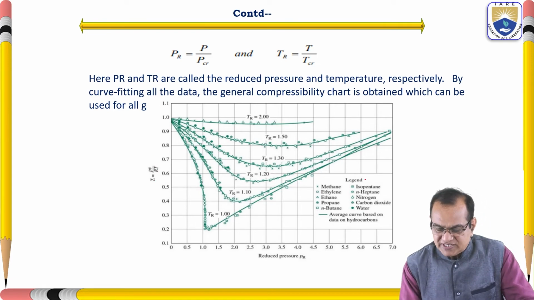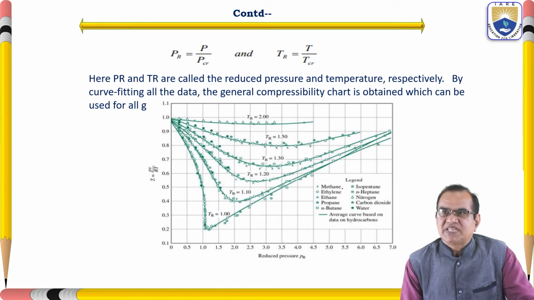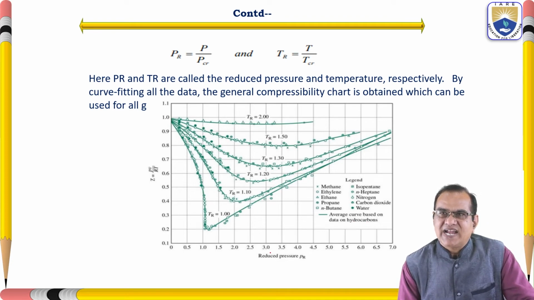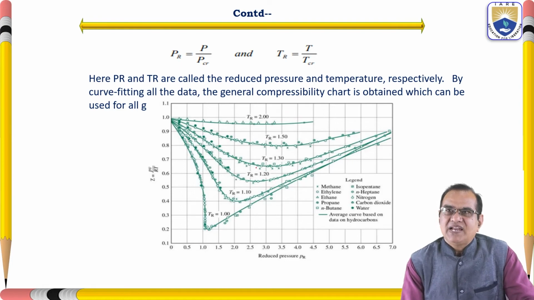For the different gases, we have here methane, isopentane, ethylene, n-heptane, ethane, propane, butane, water, carbon dioxide, nitrogen, all average curves based on data on hydrocarbons. So here you can see that at different PR, we have the TR for different cases.